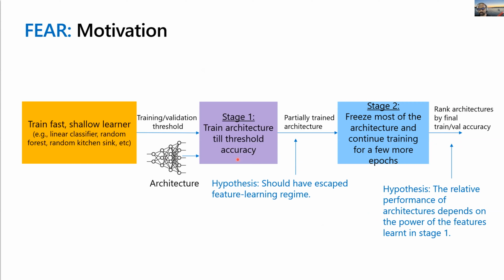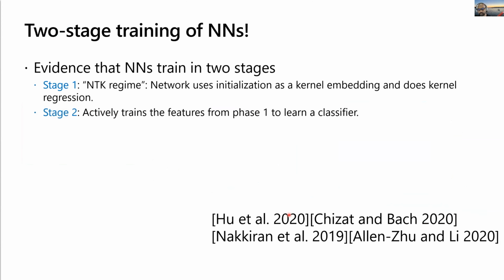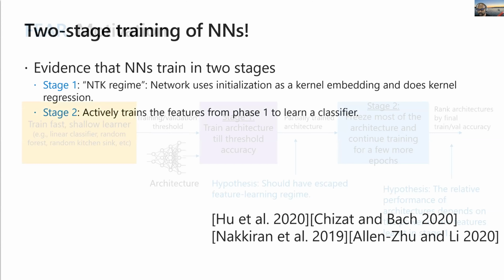For example, if this was an architecture of mostly all skip connections, you don't expect the features it will learn to be good enough to produce good training and validation accuracy. So this is the motivation behind the two-stage training procedure. It's basically to mimic the two-stage training that theory suggests gradient-based training of neural networks does implicitly.